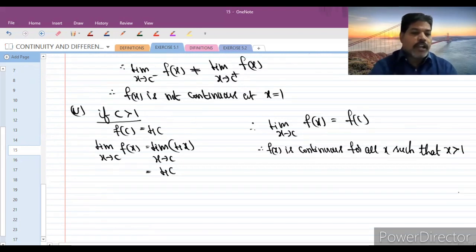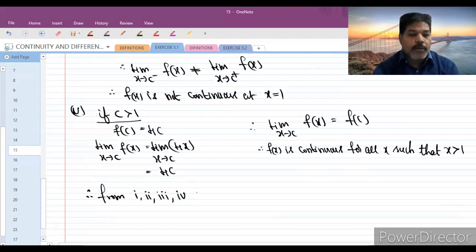So at the end, from cases 1, 2, 3, 4, 5, we can conclude that f of x is not continuous at x is equal to 1.